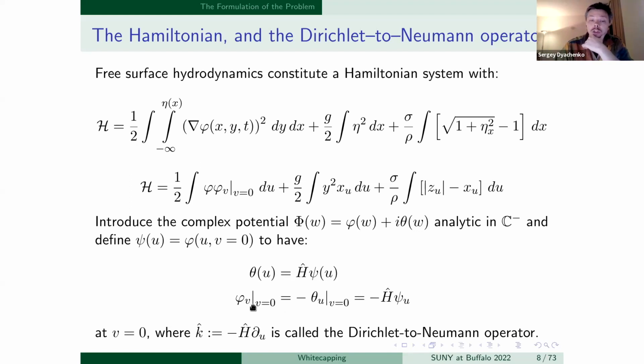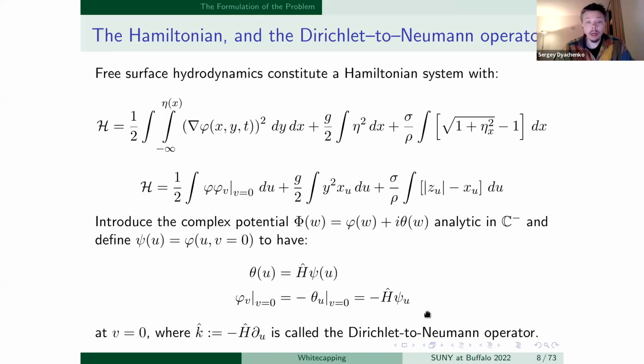So you essentially write dphi by dv just in terms of the value of the potential at the surface, in terms of psi at the surface. Of course, you get this Hilbert transform, but that's much easier than if you had to solve the Laplace equation in the original fluid domain to determine the Neumann condition corresponding to a given Dirichlet condition.